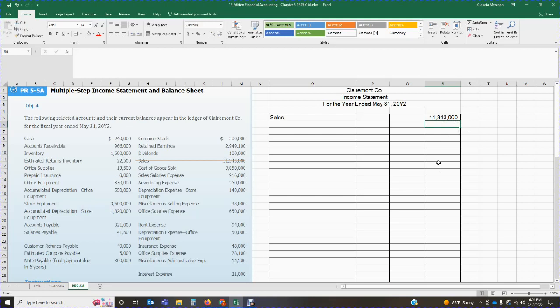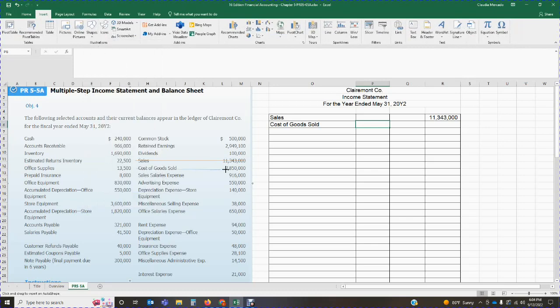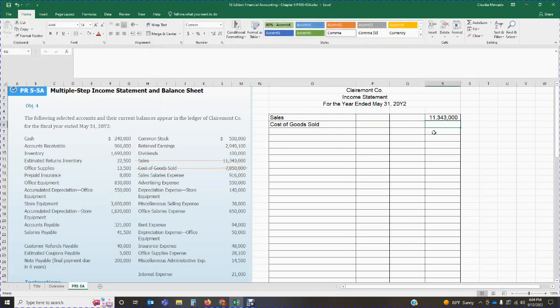Now we're going to deduct our cost of goods sold. Our cost of goods sold is provided at $7,850,000. That is going to give us our gross profit.